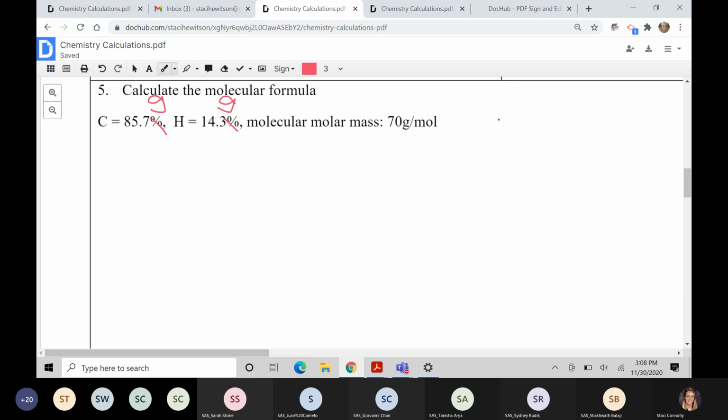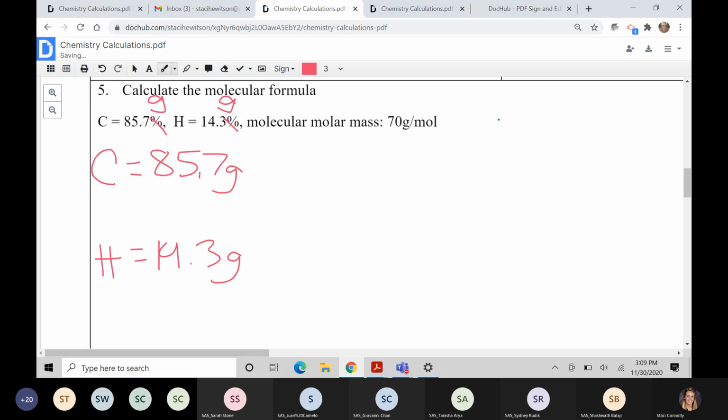Okay, so let's take our grams and turn them into moles. So we have 85.7 grams of carbon. And we're going to make space down here to do the same thing with our 14.3 grams of hydrogen. So we're going to turn these into moles. Let's start with our carbon.